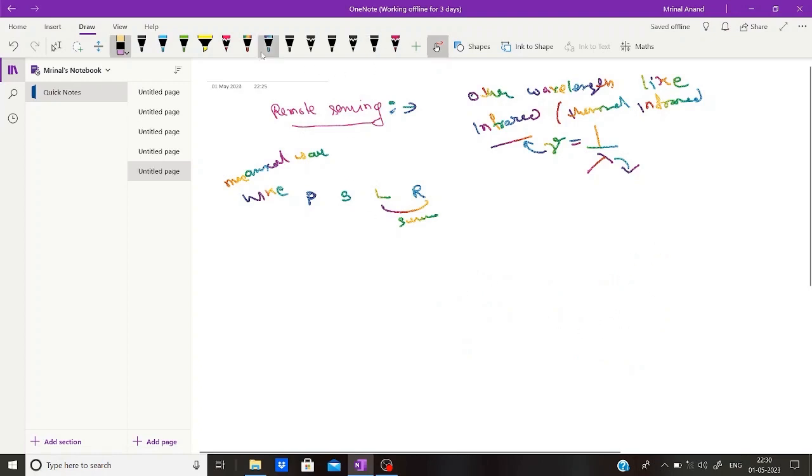Further, I want to add some more information about how the process of remote sensing works, the mechanism of remote sensing.